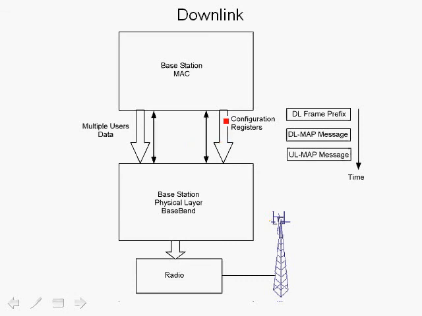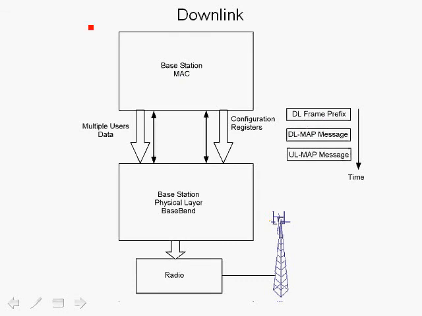Also very important, there are many configuration registers in the baseband which are programmed through the MAC, and the baseband uses the information in these registers in order to format the data and modulate. In our case, for the downlink, the first thing the base station MAC does is set up the downlink frame prefix.